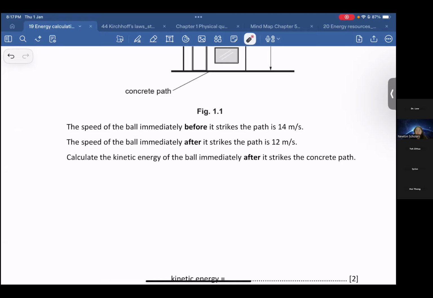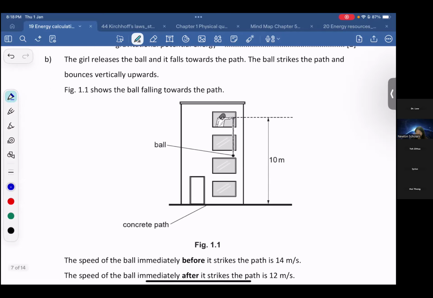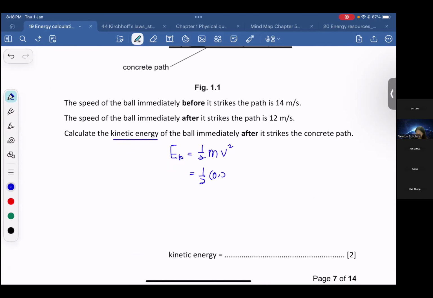It surely isn't asking you to convert, because all the physical quantities are given. So this question actually doesn't need to be so complicated. Kinetic energy is 1 over 2 mv squared. The m for the ball is 0.2. So here 1 over 2, 0.2. The speed is also provided, so we don't need to do conversion of energy. We can get the answer straight away using the information provided.